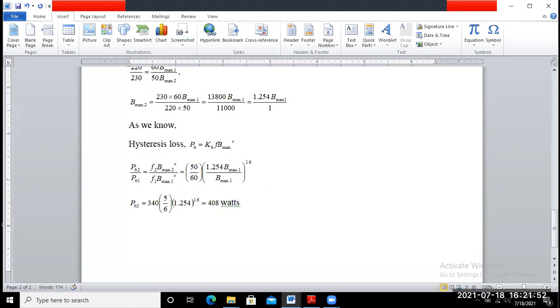Now similarly you find out the eddy current loss. So eddy current loss equals how much?